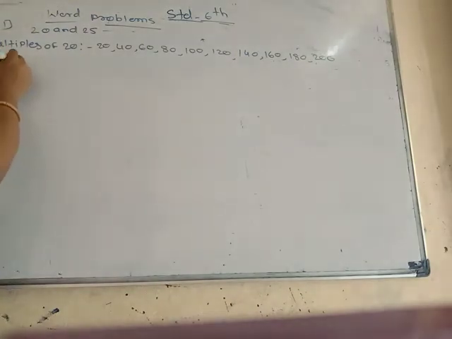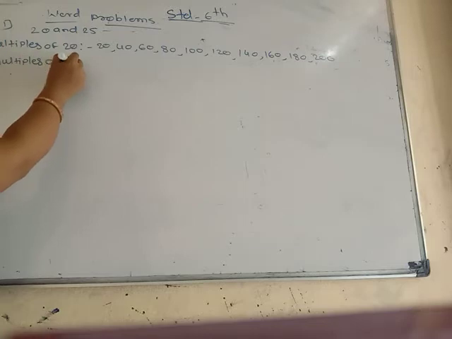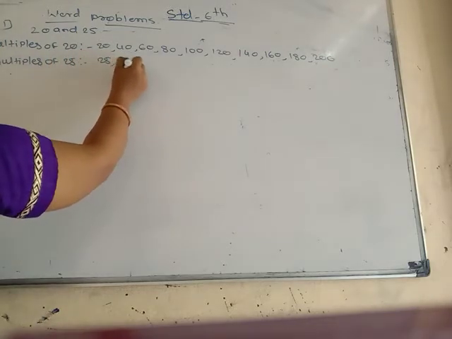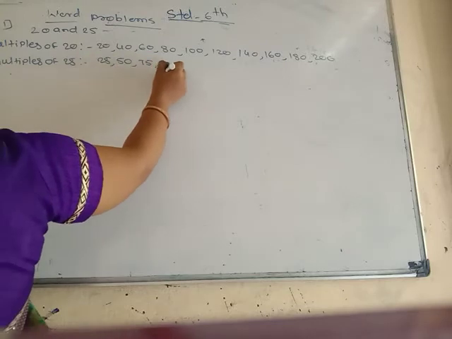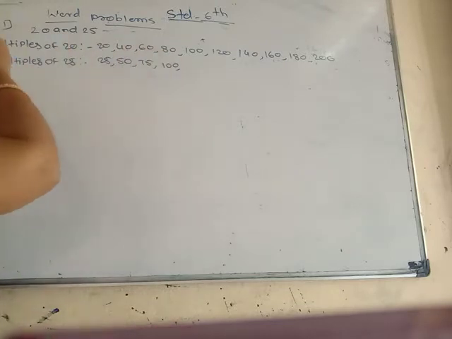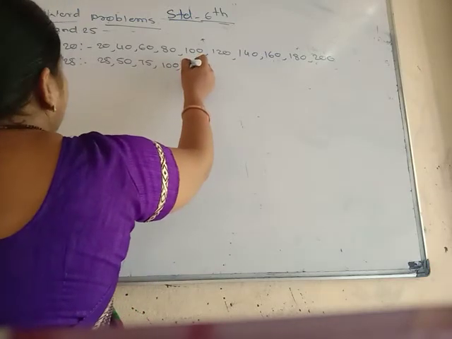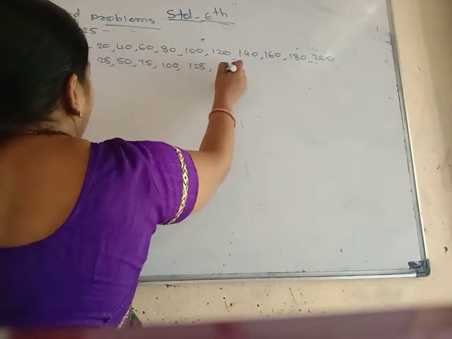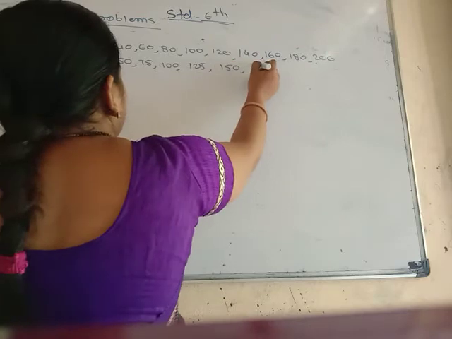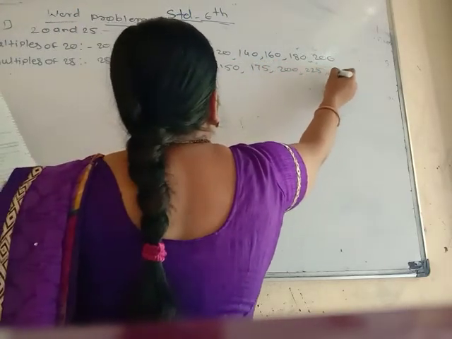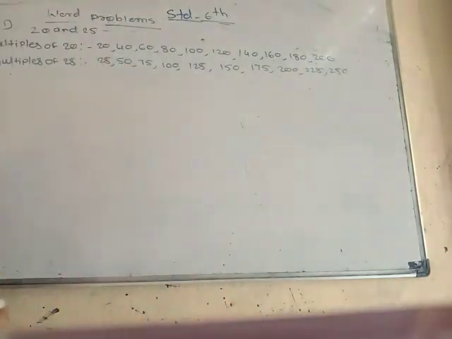Then multiples of 25: 25, 50, 75, 100, then 125, 150, 175, 200, 225 and lastly 250.